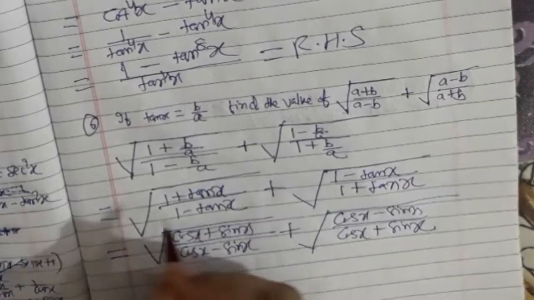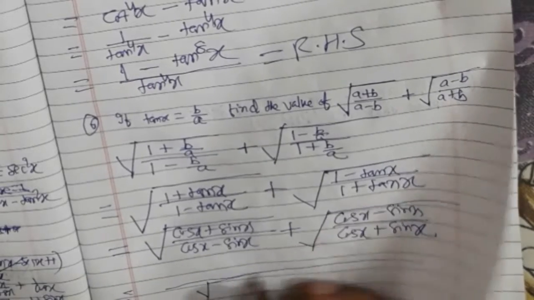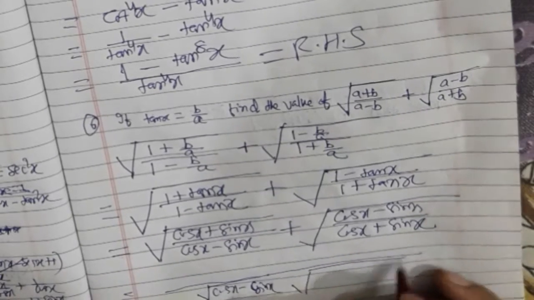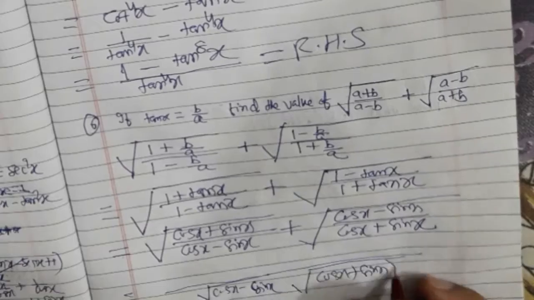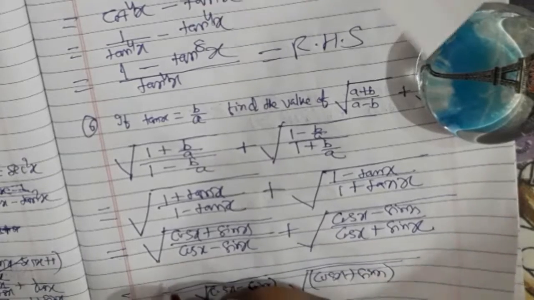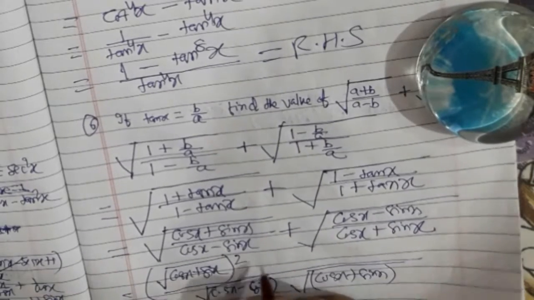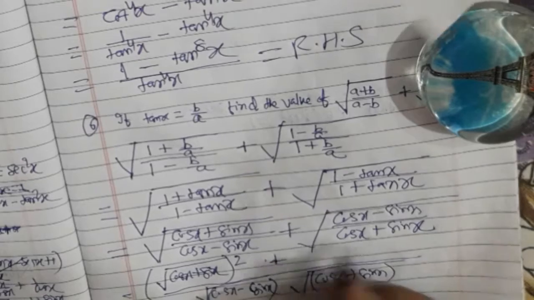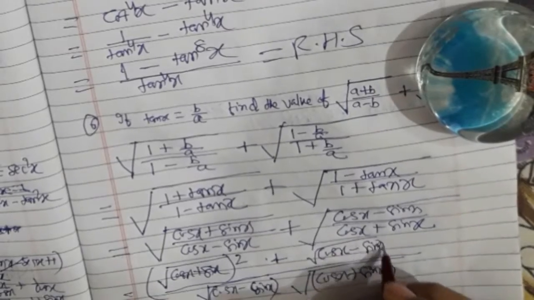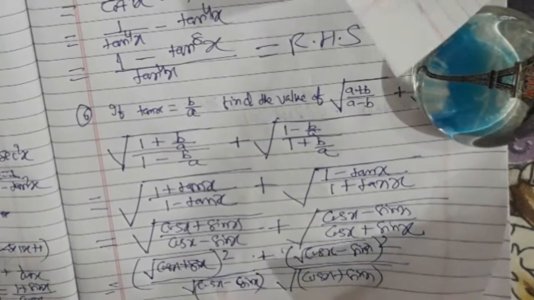Now, multiplying numerator and denominator, we can write this as (cos x plus sin x) to the power 2 over the root of (cos x minus sin x)(cos x plus sin x), and here we can write (cos x minus sin x) to the power 2 over the same.